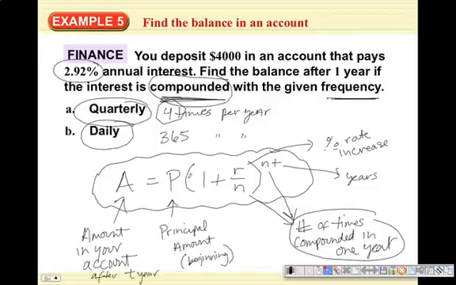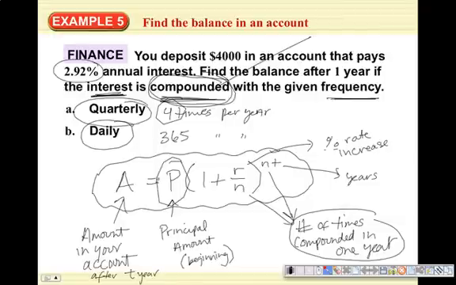Okay, so we put money into a bank. We get compound interest, we call it. As soon as you hear the word compound, that's when you want to use this. If you did not hear the word compound in the problem, remember this, then you do not use this at all.